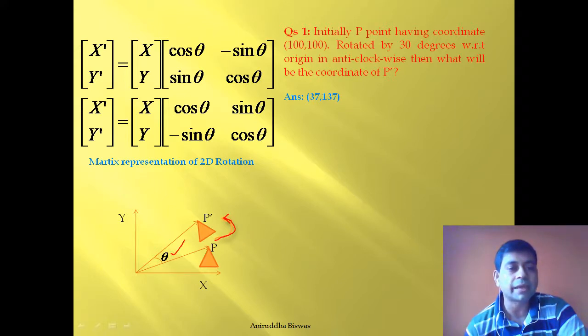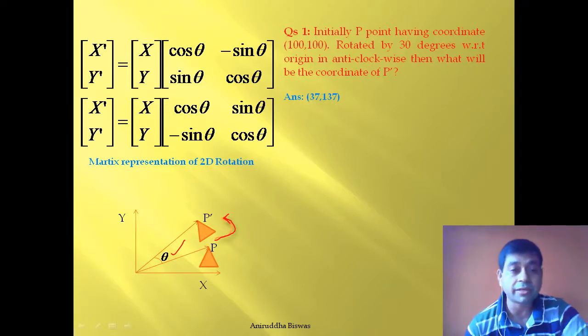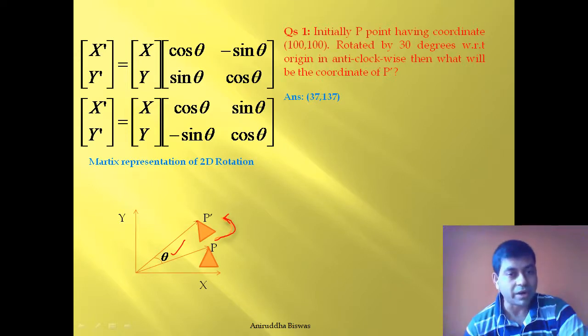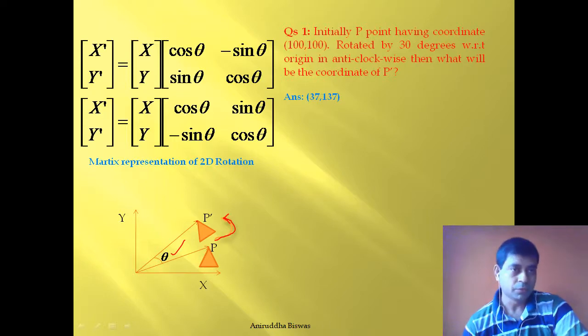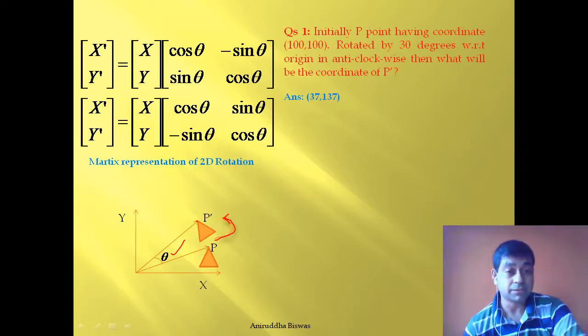So this is the angle of theta rotation, and this is the anti-clockwise rotation, and the vertex reaches point P dashed. So if we have the final point P dashed, then the initial value may be x0 y0, and we have to calculate x1 y1. That is the coordinate of P dashed, or it could be x dashed y dashed as well.